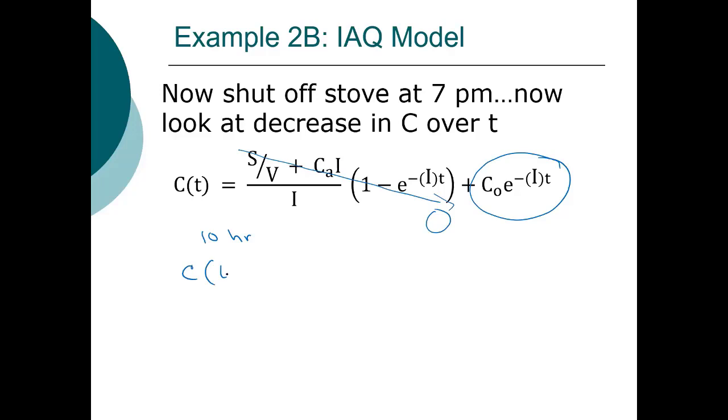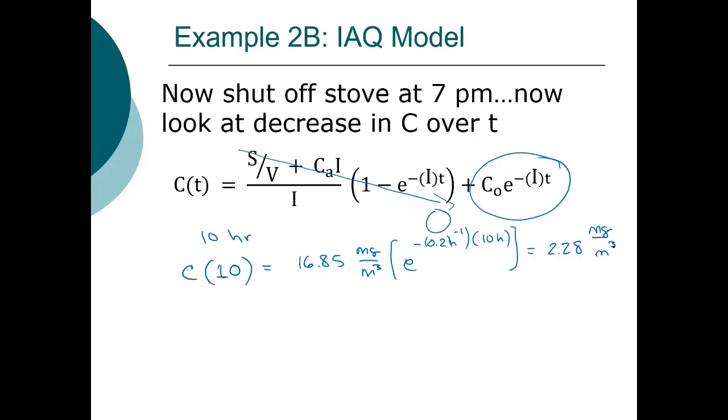So C at 10 hours after I've shut off the stove is equal to 16.85 milligrams per cubic meter times e to the minus 2 inverse hours times 10 hours, and that is equal to 2.28 milligrams per cubic meter. So there's still significant carbon monoxide in the air even 10 hours later.